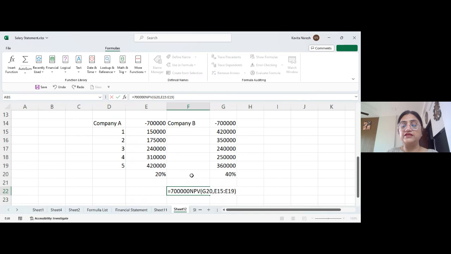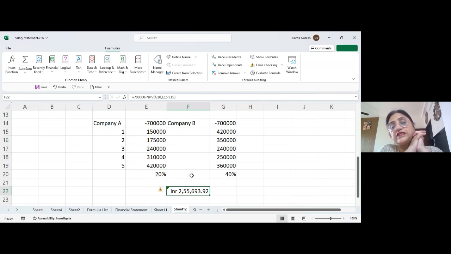You can minus it from 7 lakh rupees: 2,55,693. You have to invest a lesser amount in company B because company B promises you 40%. If you expect the same returns from company B, you have to invest only 4,44,306. But if you are investing in company A, you have to invest 7 lakh rupees.